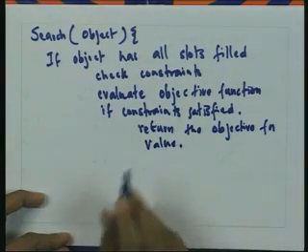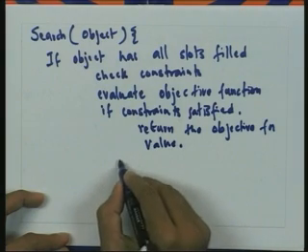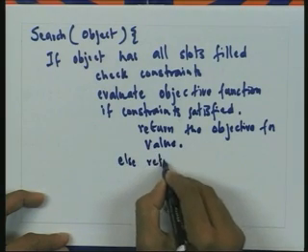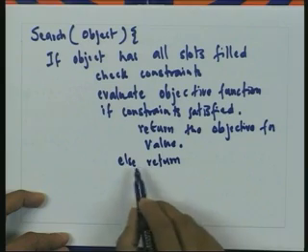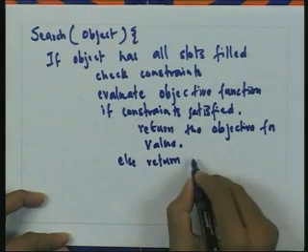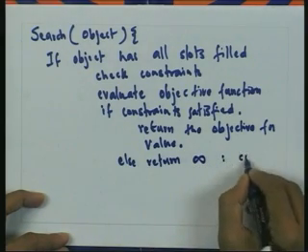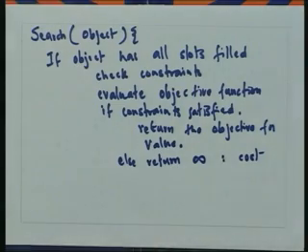If the constraints are not satisfied, then we will return infinity if we are given a cost function. That is to say that this leaf found is to be disregarded. Infinity will just say that this is a useless leaf.